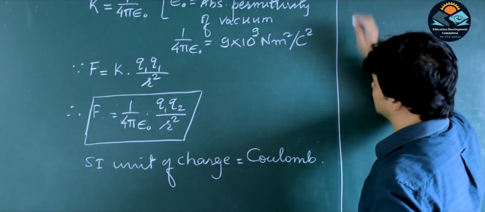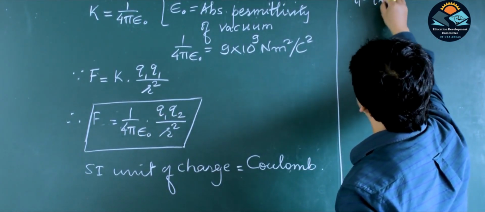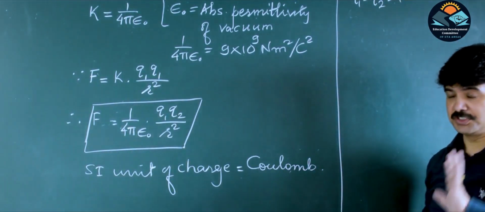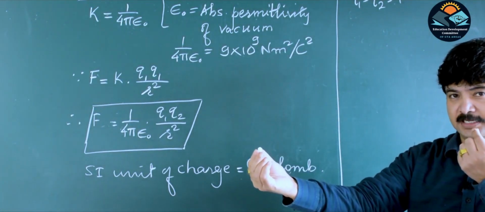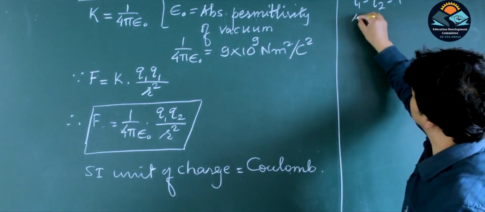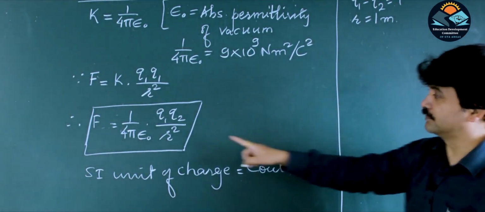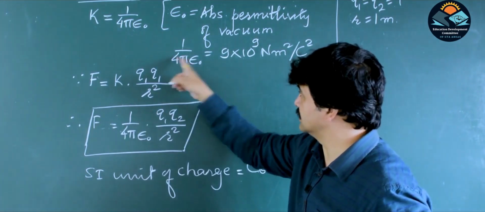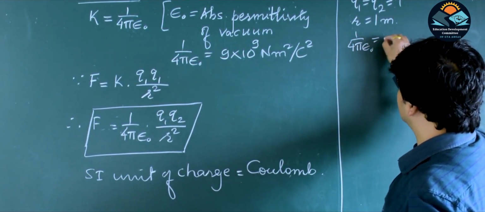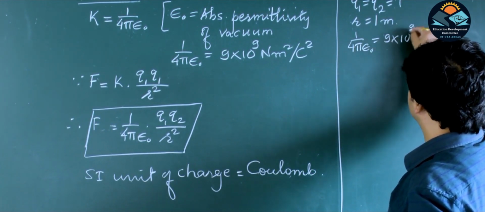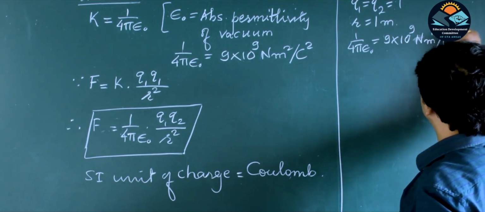To define Coulomb, what we do is we take this Q1 and Q2 to be equal to 1 unit charge, and we separate the two charges by a distance of 1 meter. So unit distance, that is 1 meter. And you know the value of this 1 by 4 pi epsilon naught is 9 into 10 to the power 9 Newton meter square per Coulomb square.